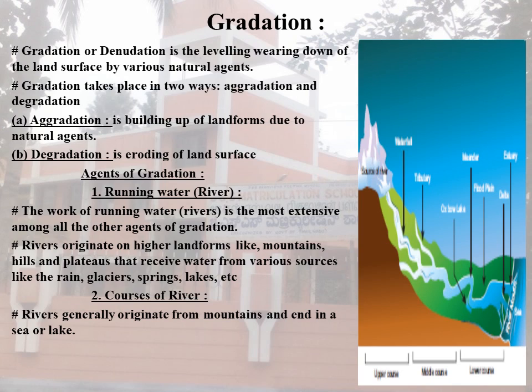The whole path that a river flows through is called its course. The course of a river is divided into three. The first one is the upper course, the second one is the middle course, and the third one is the lower course.